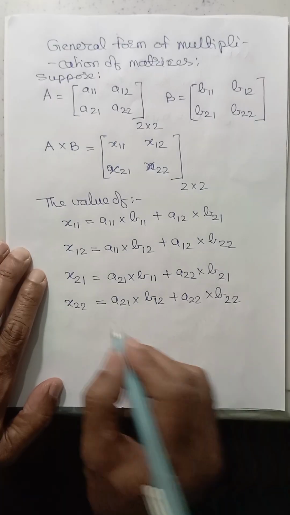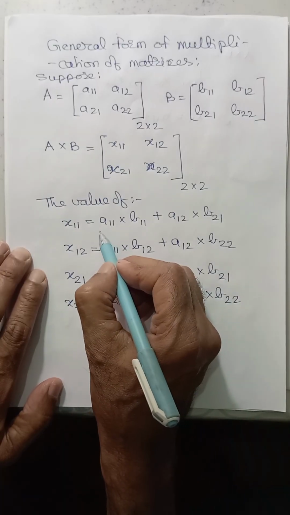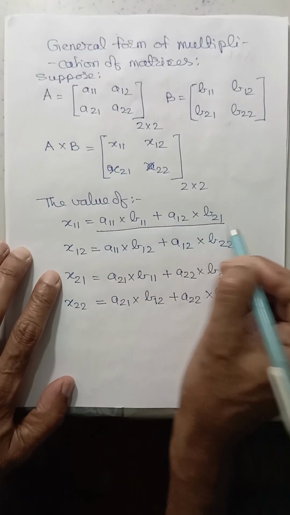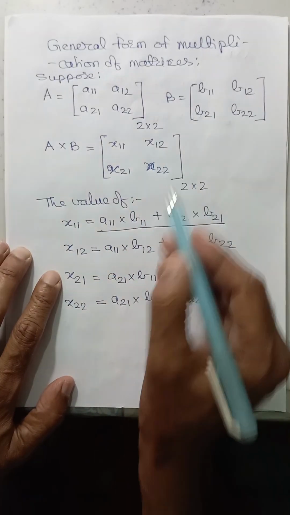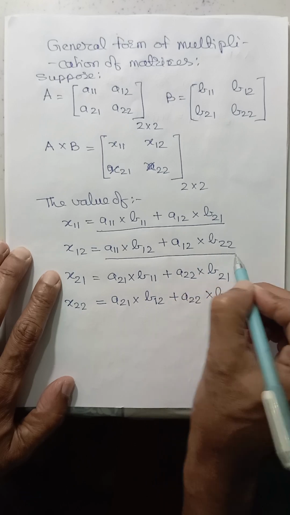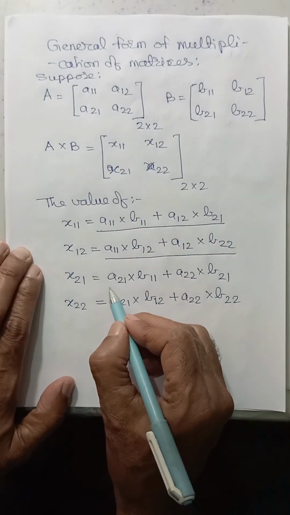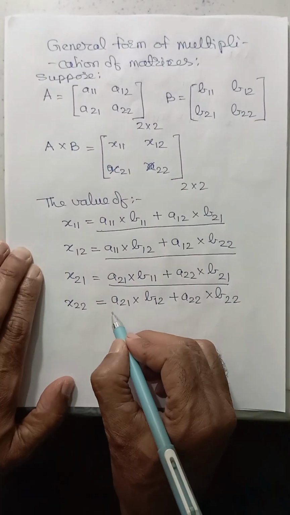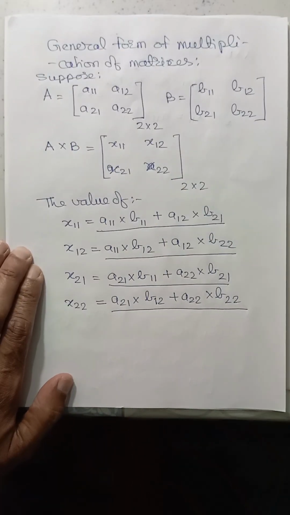So in place of x11 the value will be this, in place of x12 the value will be this, in place of x21 the value will be this, and in place of x22 the value will be this.